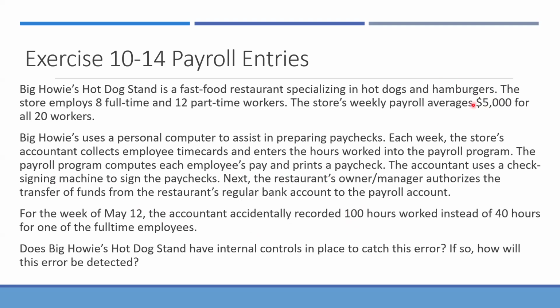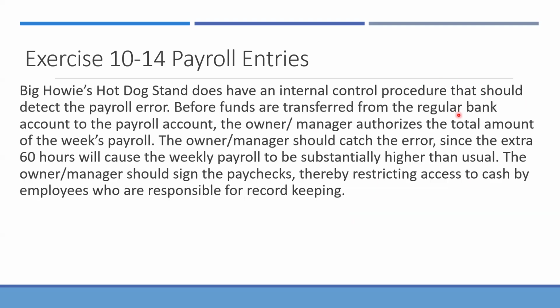They also know their average in payroll expenses is $5,000. So the owner is authorizing the amount, and the extra 60 hours will cause the payroll to be substantially higher than usual. So that's why it should be caught with this control system.